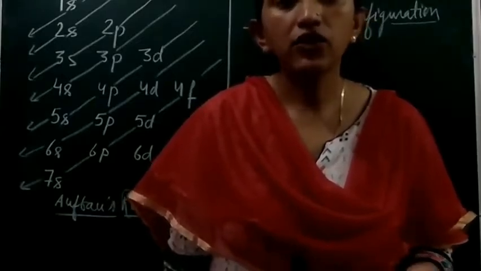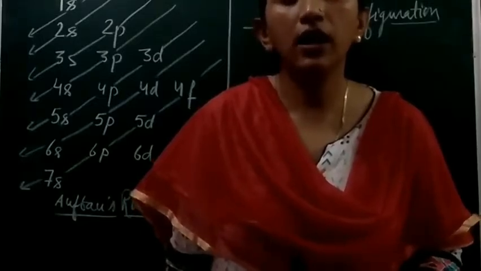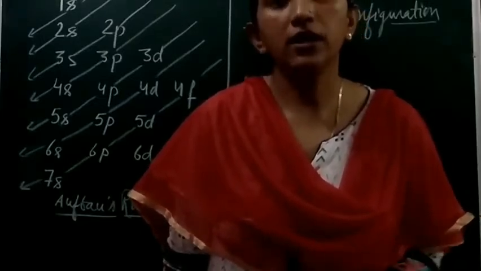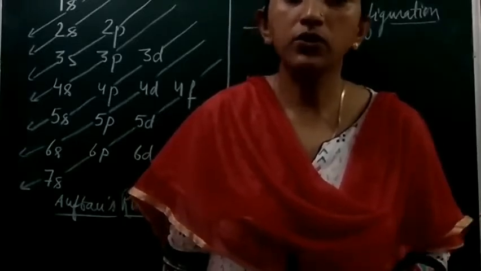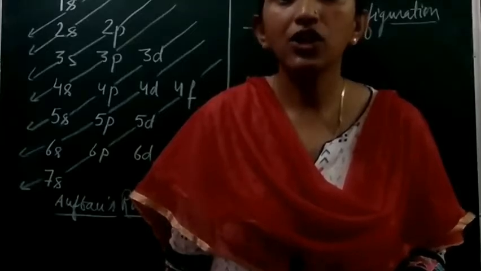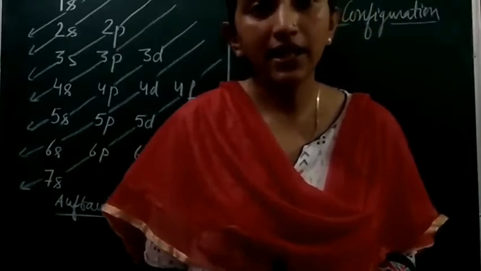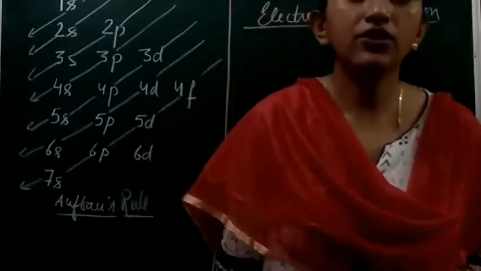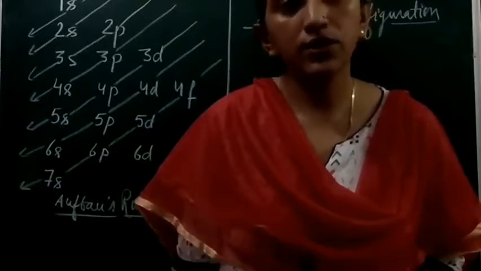Second, we should have an idea about the sequence of the orbitals in which they will be filled up. This we can do with the help of Aufbau's rule or principle. Third is how the electrons will be filled up in a subshell, that is Hund's rule of maximum multiplicity, and how many electrons are possible in an orbital, that is Pauli's exclusion principle.